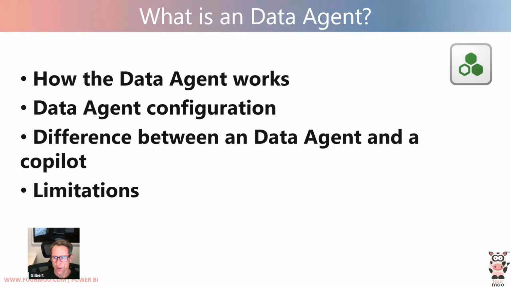Another common question I get when talking through data agents with customers and in other presentations is: where does this data go when you are using the data agent? Because it's using a version of Copilot or a large language model. From my understanding, there are two areas in the world where Microsoft sends this information: one is the United States and another is France.